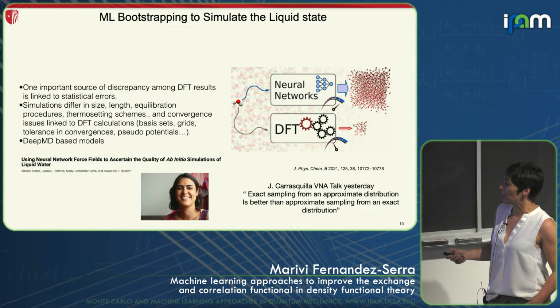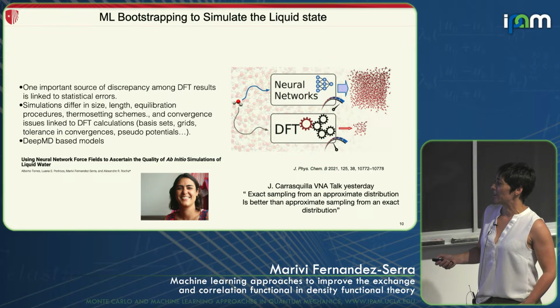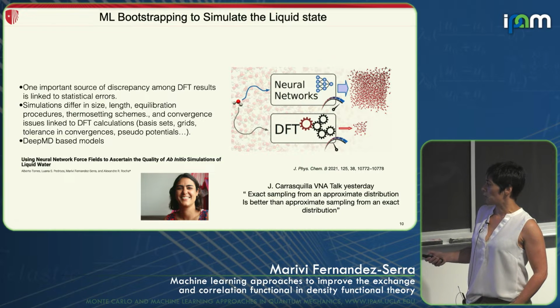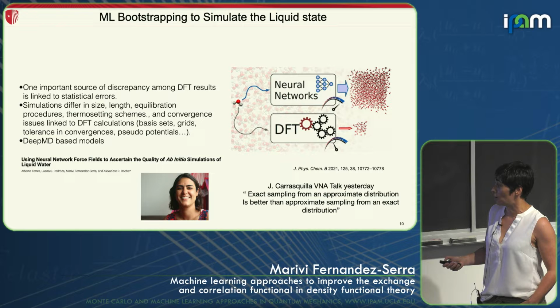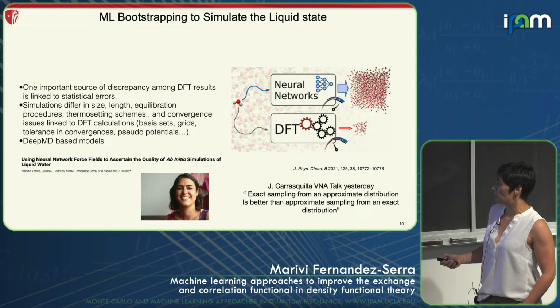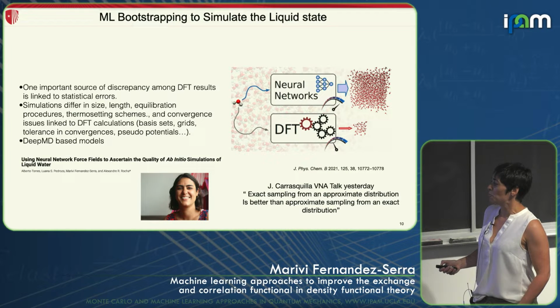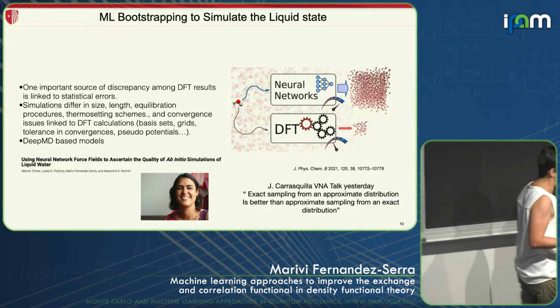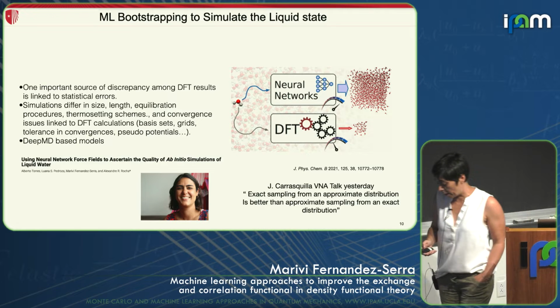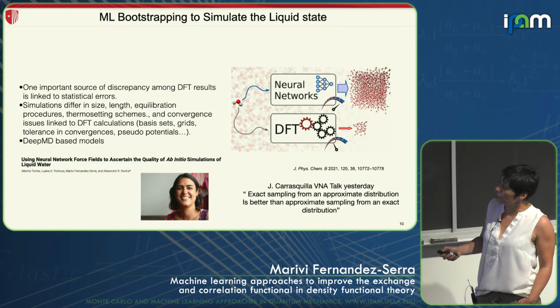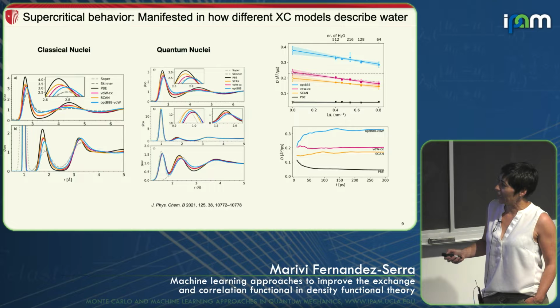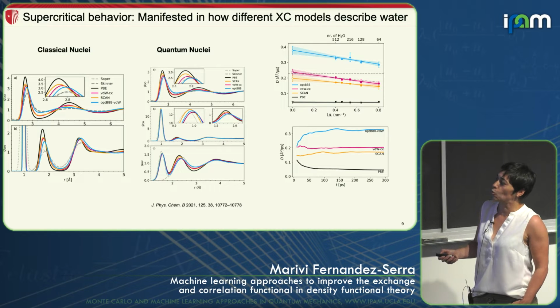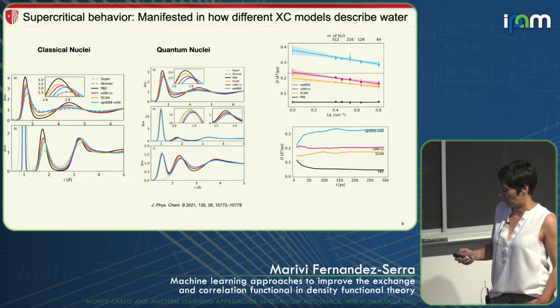The reason is that Juan Carrasquilla, in his talk yesterday, pointed out how exact sampling from an approximate distribution is better than approximate sampling from an exact distribution. So here we are sampling from an approximate distribution, which is very, very close to the exact one, and gives us insight into the actual quality of our exchange and correlation functional.